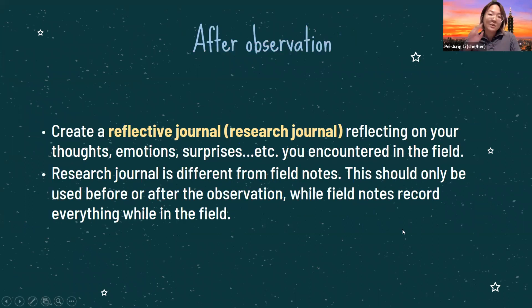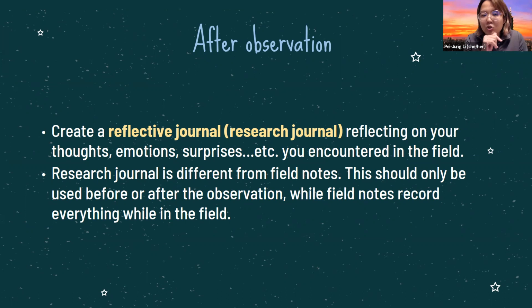And last but not least, what are you going to do after observation? As qualitative researchers, we usually keep a reflective journal, also called a research journal. This journal is different from field notes. Like I mentioned earlier, in the field notes you only write down everything that occurs in the field, and the OC is your inner thoughts, but still in the field.